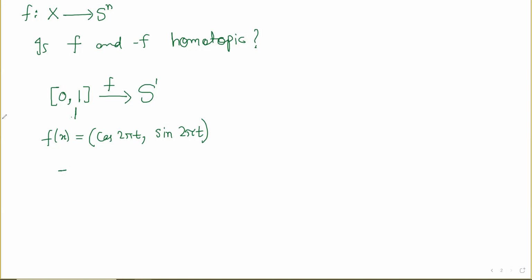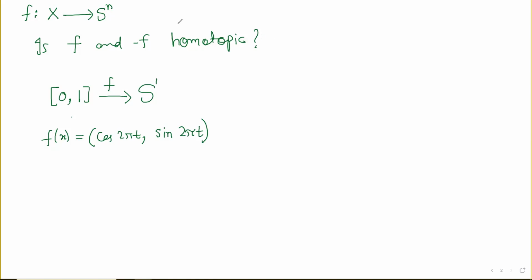But this is already the quotient map. This is already a quotient map. Yes, the answer will depend on it.